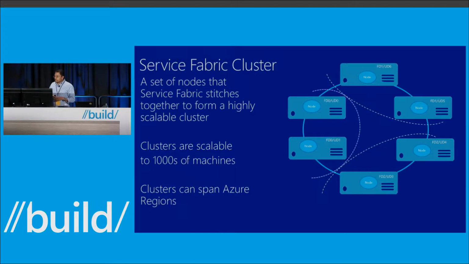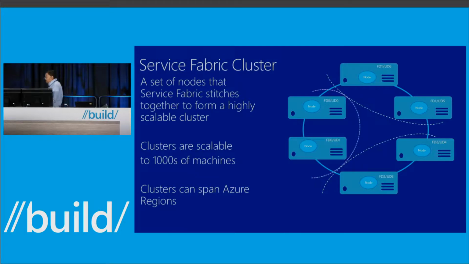The other thing which is unique about Service Fabric is that when you're setting up your cluster, you can specify the failures the cluster should survive. For example, you can choose to set up a cluster that spans more than one Azure data center. The reason you would do that is, in case I'm so paranoid that if one of the Azure data centers has an impact, my service should not be affected.